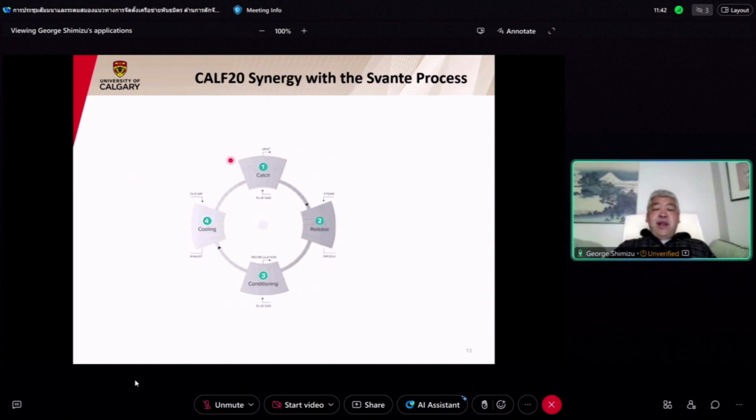Now, as far as why CAF20 works very well with their system, first, it has to capture the CO2, and CAF20 does have very good capacity and selectivity for CO2, but it's also very stable to the acid gases that can be in the combustion stream, as well as the water.